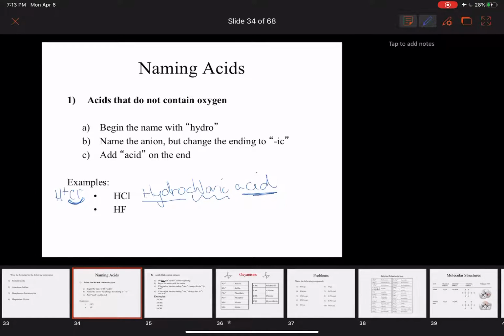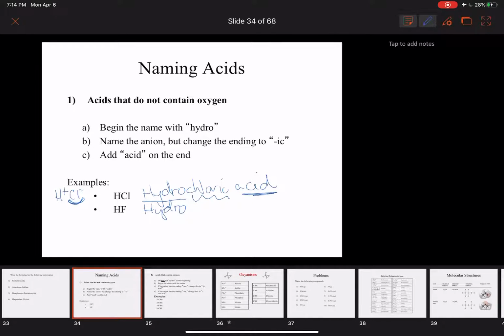Now, if Cl is chlorine and F is fluorine and HCl is hydrochloric acid, what do you think HF is? Well, we look at it and go, oh, it's probably an acid, and we begin the name with hydro because there's no oxygens.